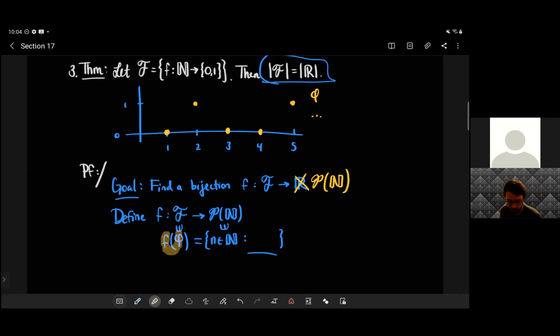But it's allowed. I mean, functions can map from any set to any other set. Turns out the set we're starting with is a set of functions. So yeah, you have to plug a function into it. Sorry if that's weird. And I want to spit out a subset of naturals. What subset could I possibly spit out to make this a bijective function?